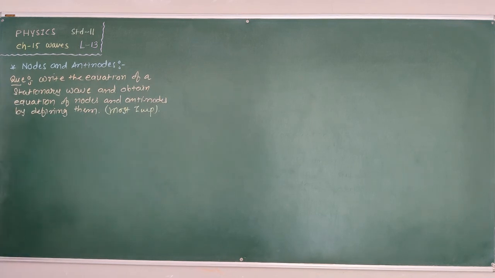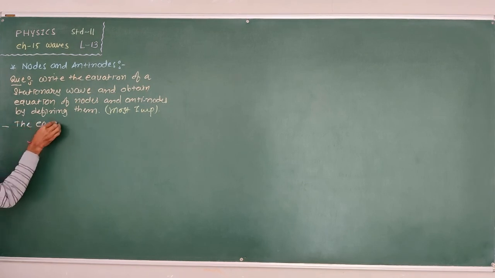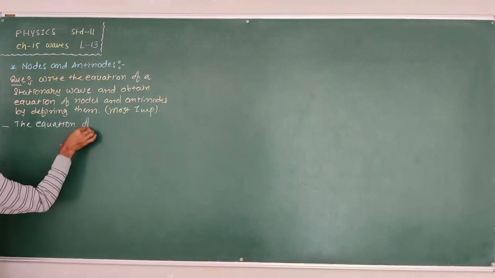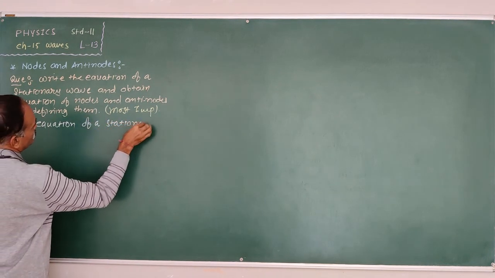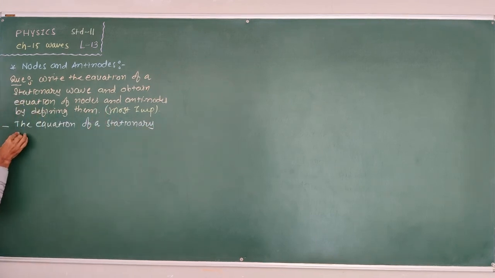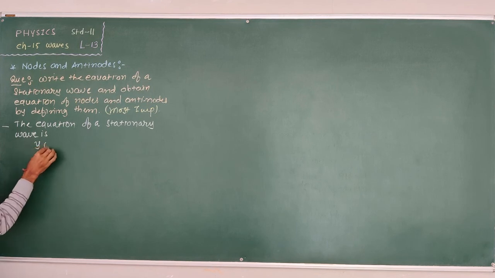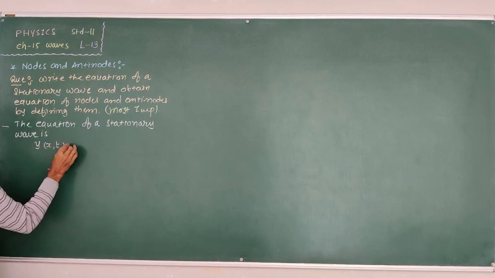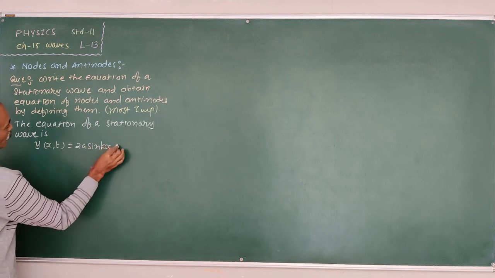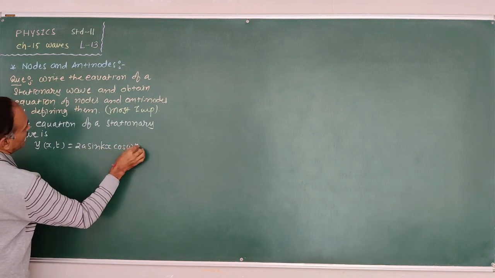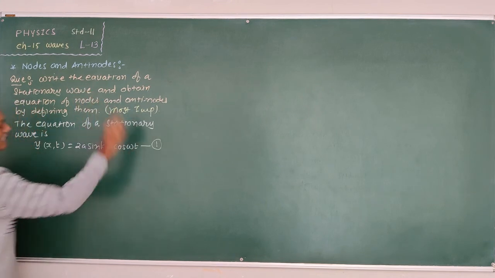Now first we have to write down the equation of the stationary wave. The equation of a stationary wave is y at point x and t is equal to 2a sin kx into cos omega t. That is equation 1.